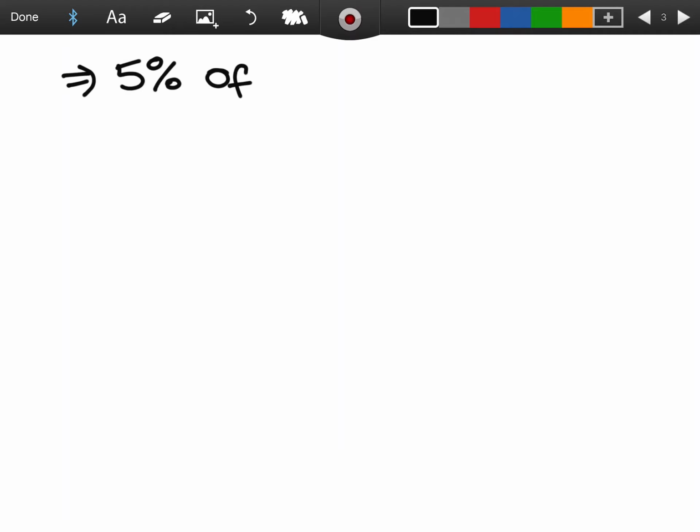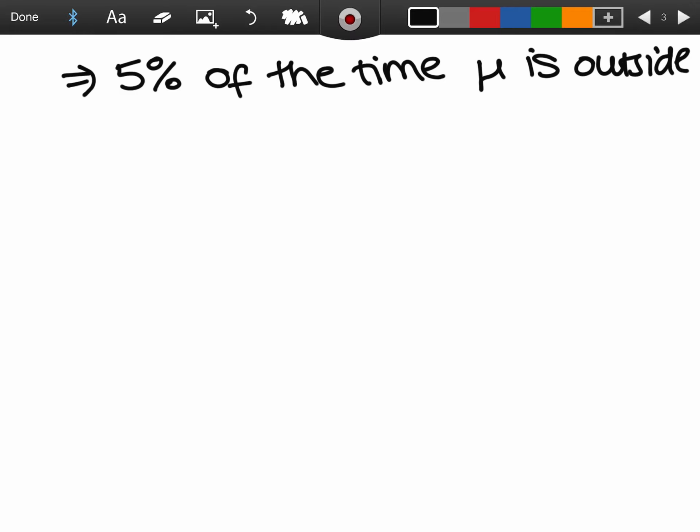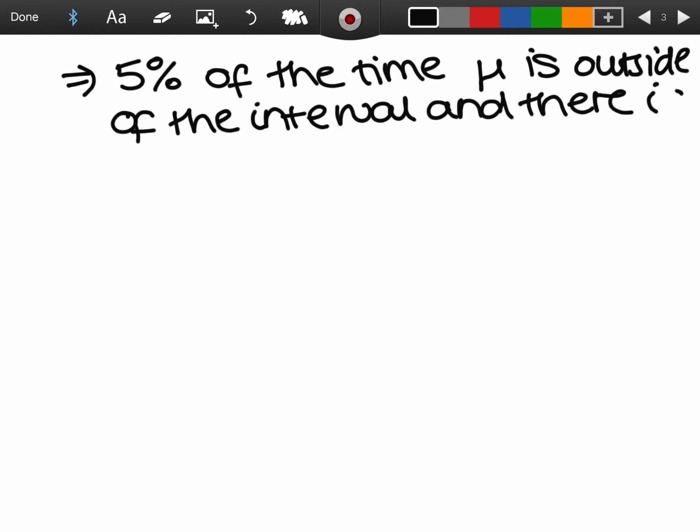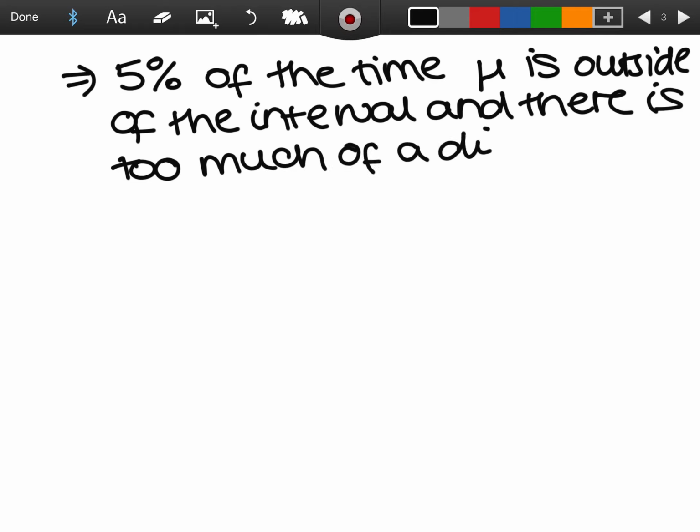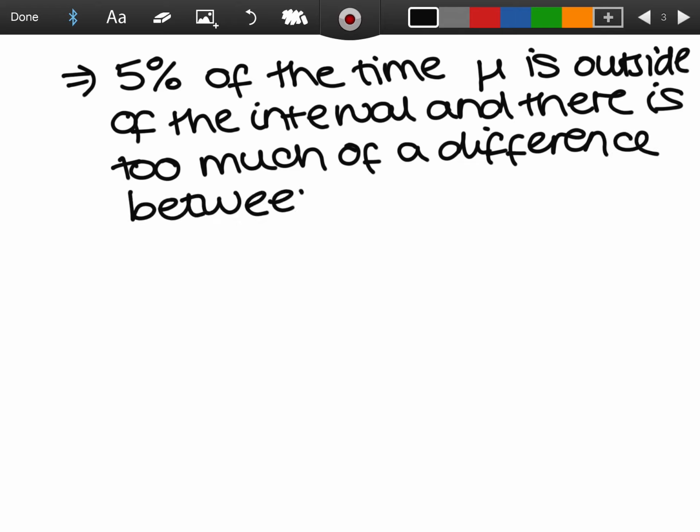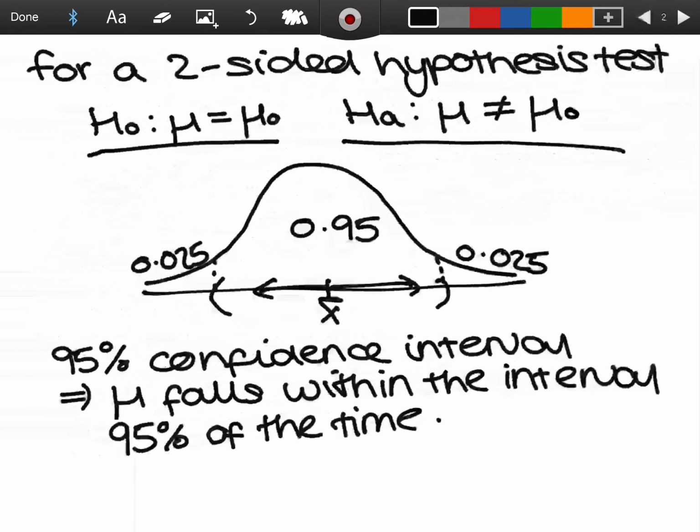So 5% of the time, it is outside of the interval and there is too much of a difference between what our sample data showed the mean was, so between the sample mean that we got and the population mean, okay?